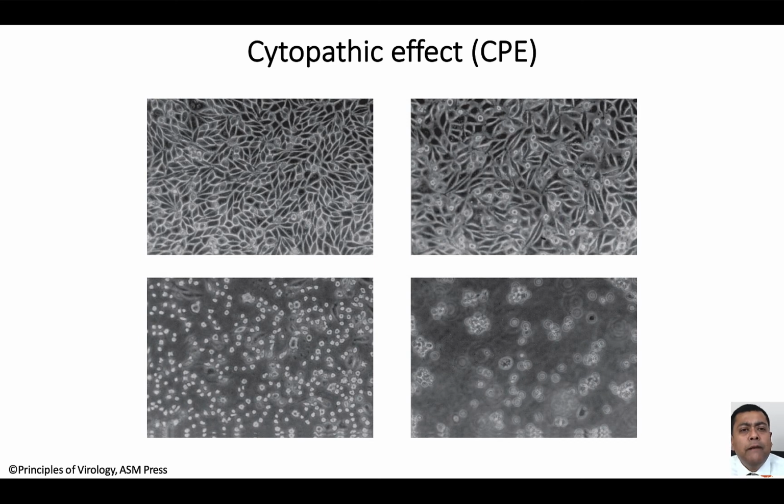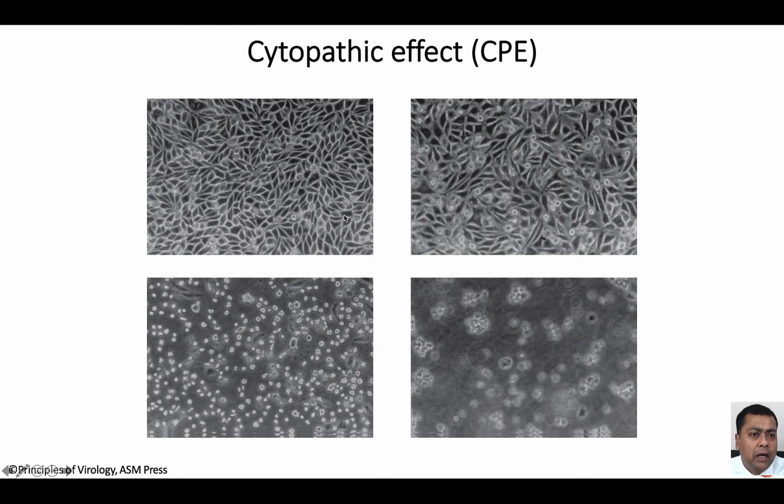Now, when you infect cells, what you observe in many cells is what is called a cytopathic effect, or the pathology of the cells. In this picture, the top shows normal cells in a phase contrast microscope. When you infect these cells with a virus, over a period of time you can see some changes.